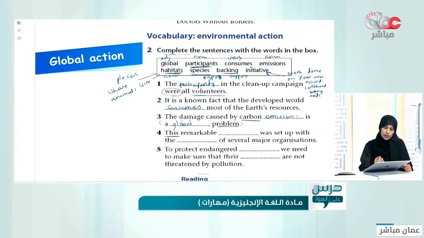Habitats is a plural noun. Species is also a plural noun. The only noun that could go here is this remarkable initiative. So I'll say initiative. This remarkable initiative was set up with the backing or the help or the support of several major organizations.